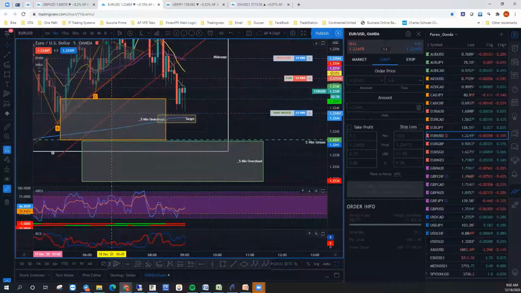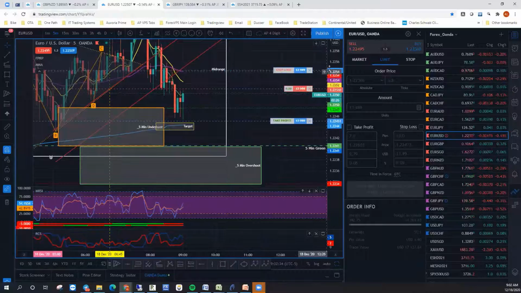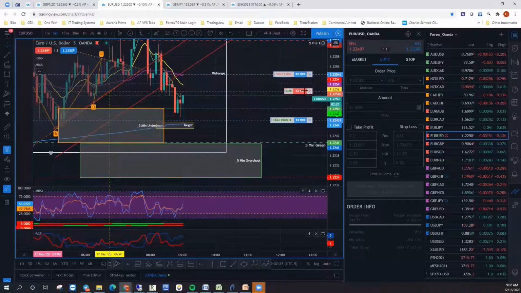Funny, we were talking about 45 and 40 not that long ago. You see, it had a strong rejection right off of that point yesterday. Remember, this is the first 5-minute candle of the new hour.